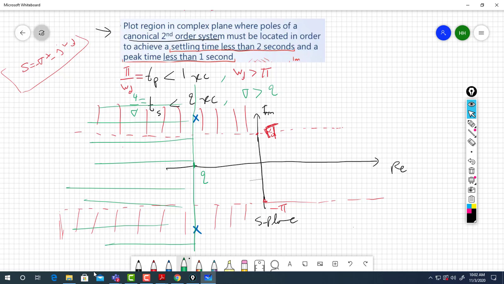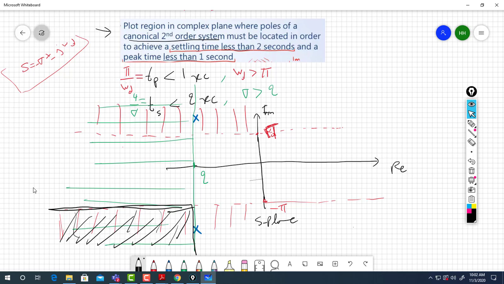Doctor, but it must also be above pi, so the part in the middle we shouldn't include. Yes, why? Because it should also satisfy omega d greater than pi at the same time. Very good. So your final region is this region, the one in which we are interested.